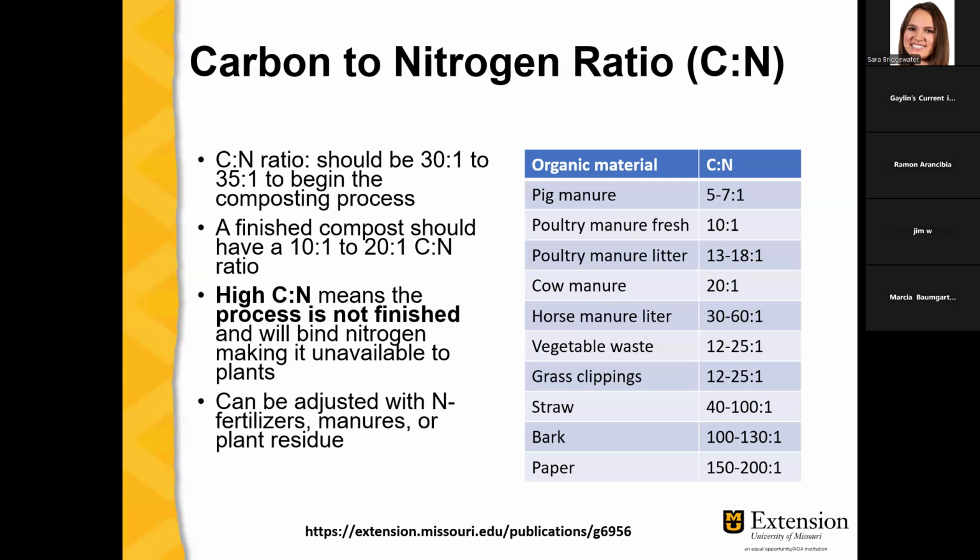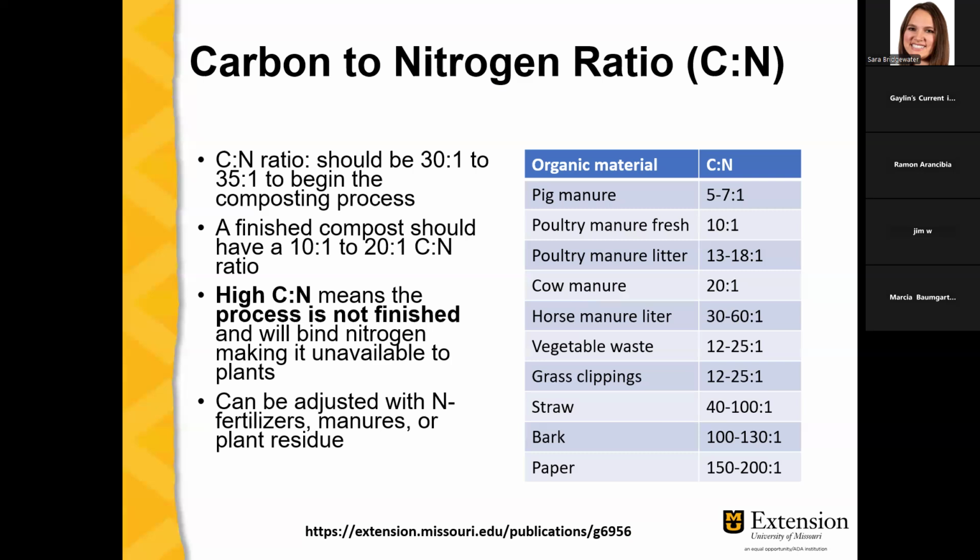If you use pig manure, which has a much higher nitrogen content, you will have to add less manure in relationship to straw. Grass clippings are a good level by itself, as is vegetable waste, etc. Some people use bark and paper. And in the publication that I mentioned before, at the bottom there are more examples of organic matter with different carbon to nitrogen ratios that you can use.